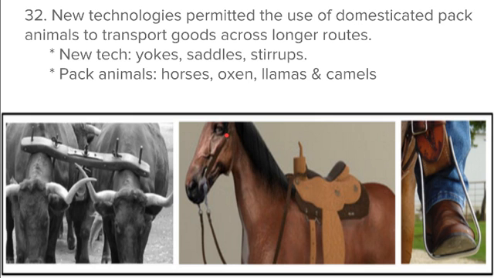Now, a lot of new technologies are going to take hold during this time period and will allow trade and transportation to expand and increase. So for example, the yoke. The yoke is what we see here, basically a collar, that allows animals to carry heavier weight, like pulling a wagon or a cart.